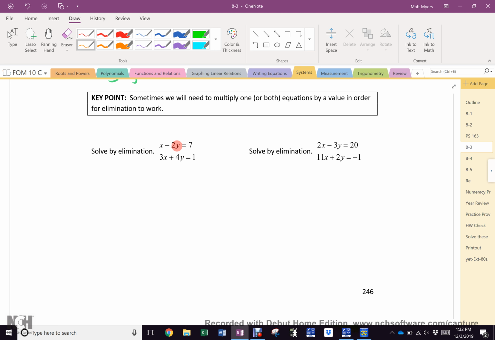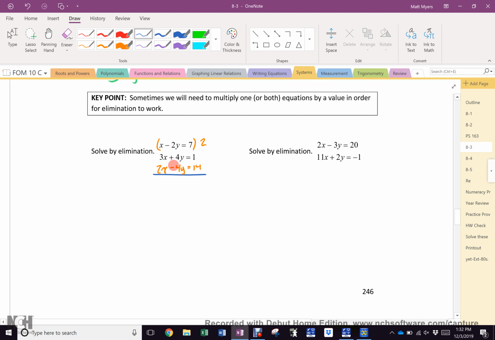I am allowed to multiply and I'm allowed to divide. If I multiply this by 2, what will I get? 2x minus 4y equals 14. Now, they have the same coefficient, and they will eliminate, won't they?